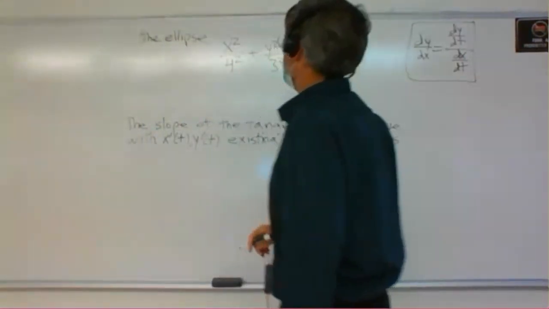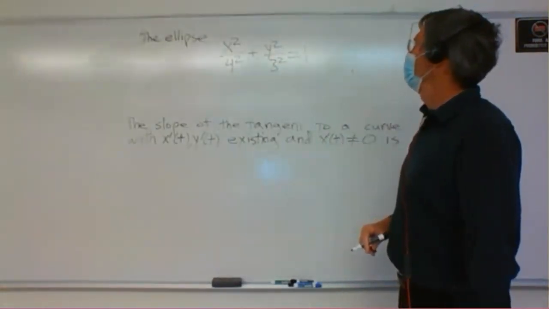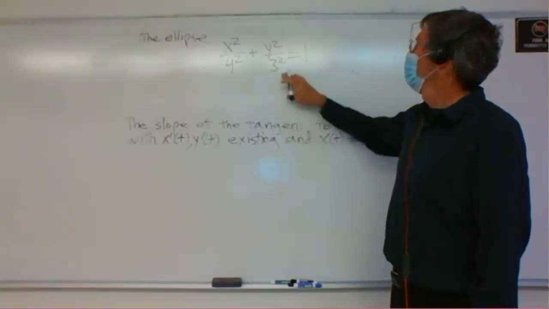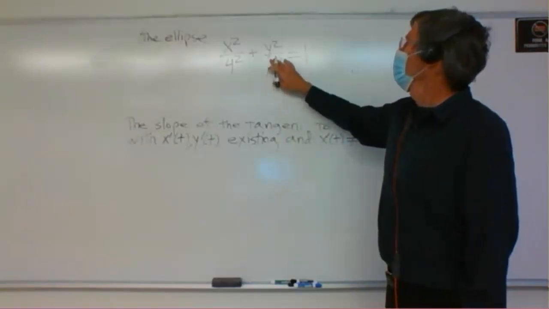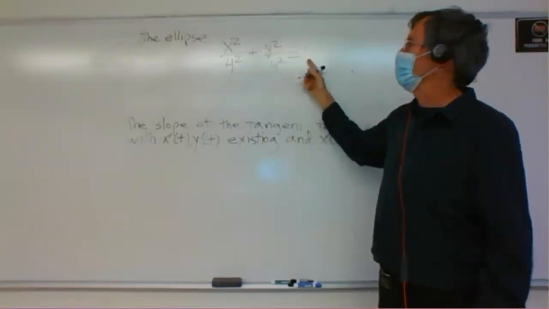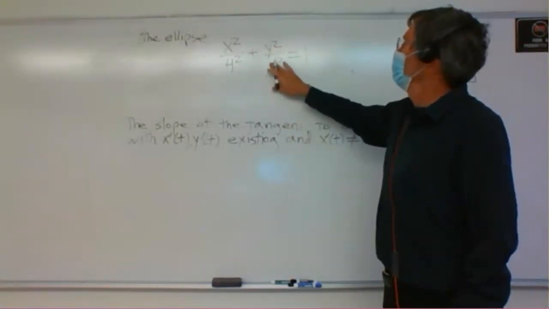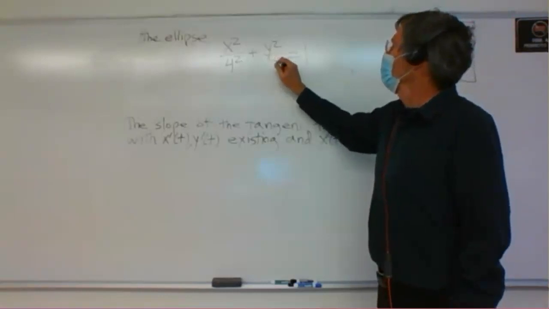That looks a lot like a circle if you think about it, right? How is it different from a circle? Say if I just had 4 squared here, this would be x squared plus y squared equals 4 squared, a circle of radius 4 at the origin, right? But I'm going to make the circle a little oblong. I'm going to put this over 3 squared.